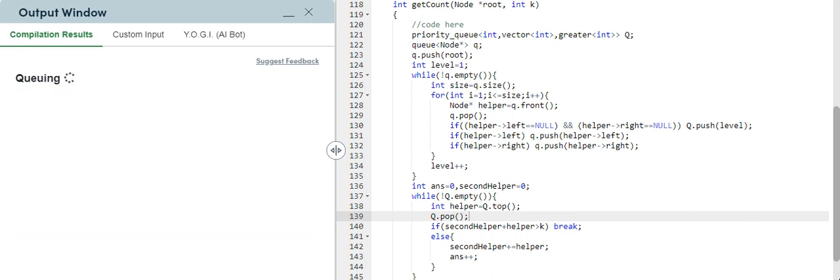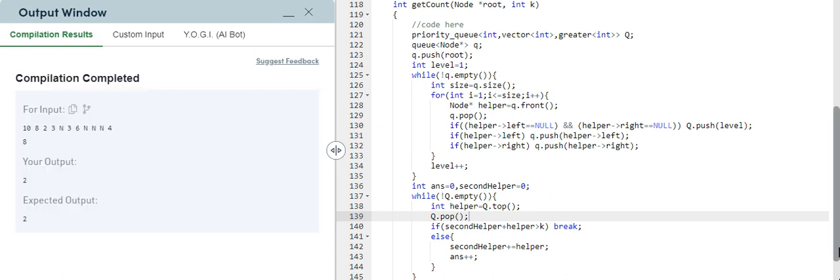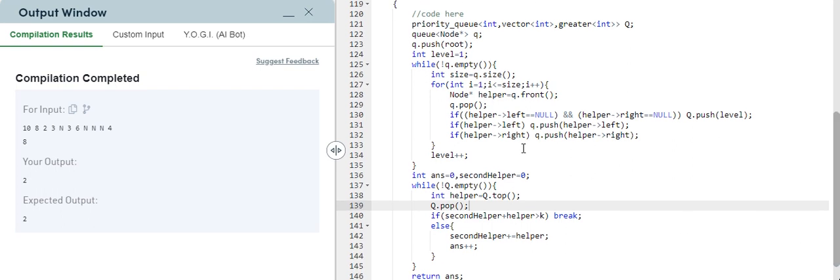Then compile the code. Okay, so our output is the same as the expected output, so submit this code.